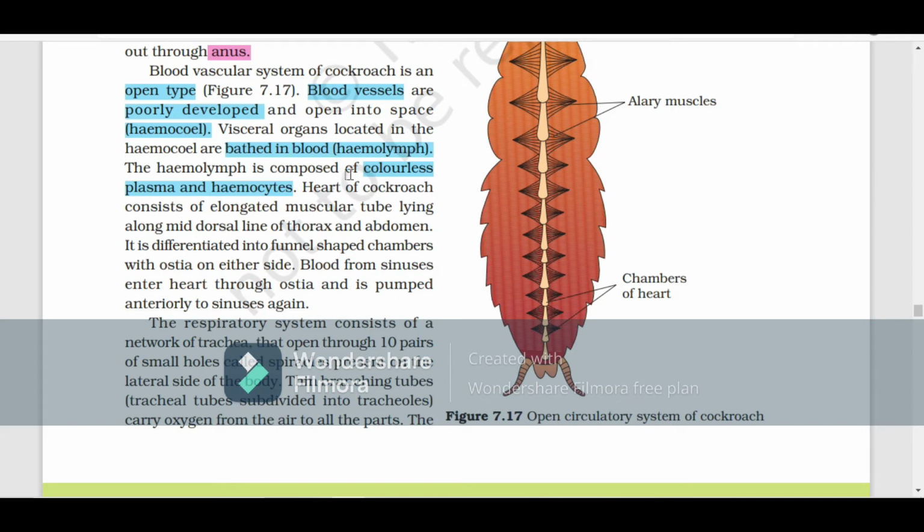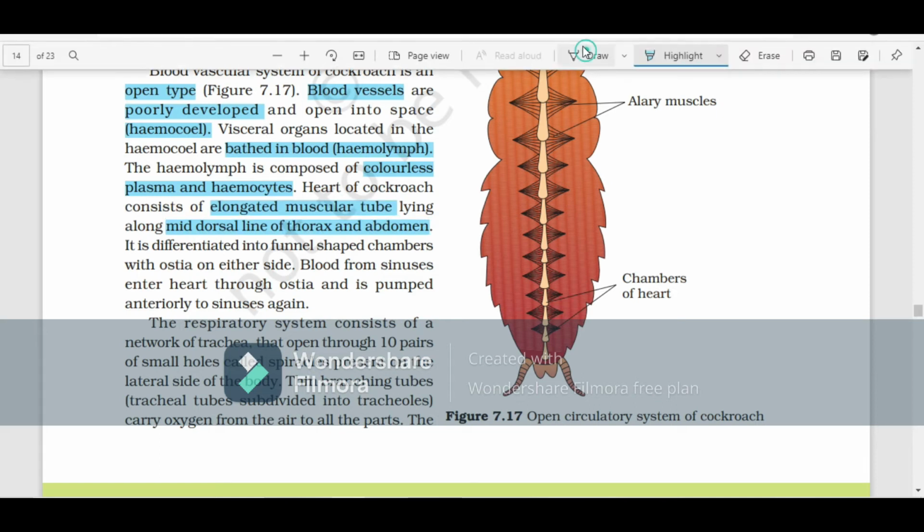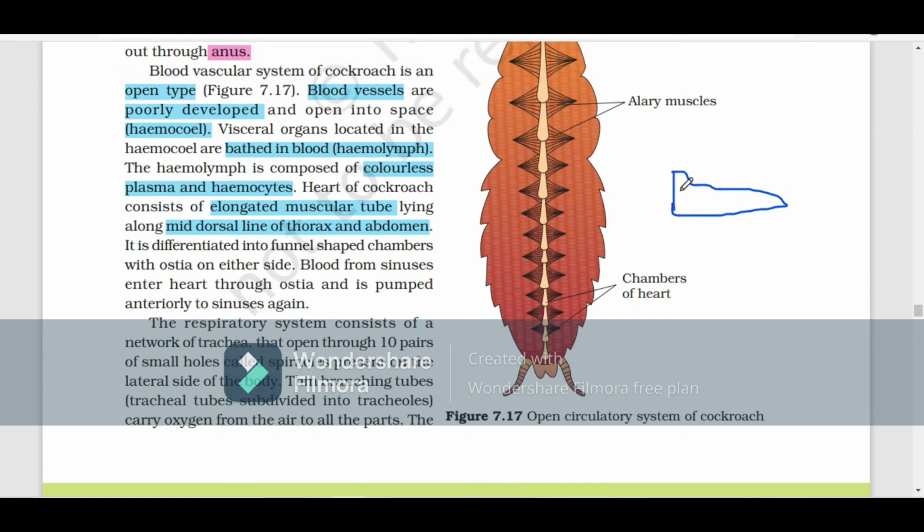Okay, fine. Now the heart of cockroach consists of an elongated tubular muscular tube lying along the mid-dorsal line of the thorax and abdomen. If you see the diagram of the cockroach, this is the head region, thorax and the abdomen. You'll find this heart right from here, like this.